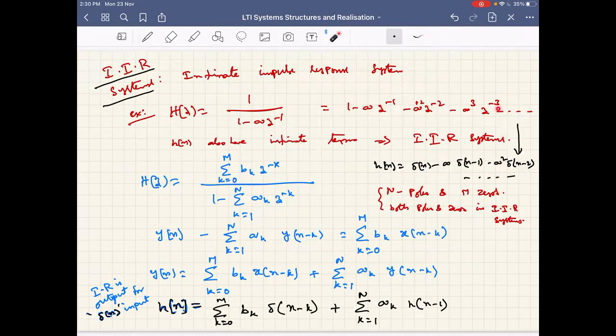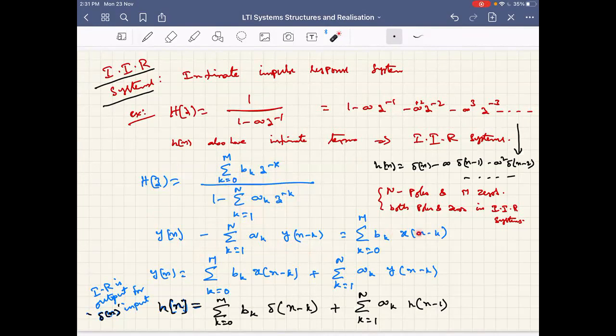The transfer function also will have an infinite number of terms as given by this. Hence a general IIR system can have both a numerator and a denominator. The denominator contains poles, and each pole gives rise to an infinite number of terms, and hence altogether the impulse response goes to an infinite number of terms.